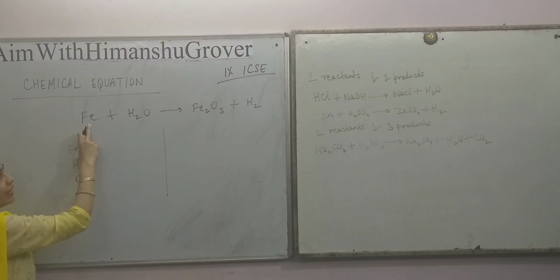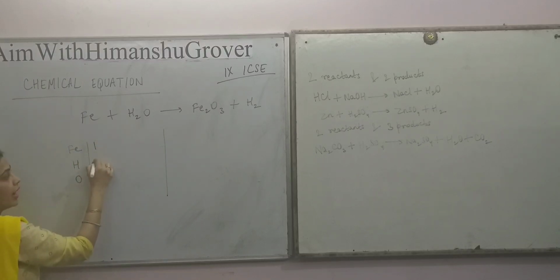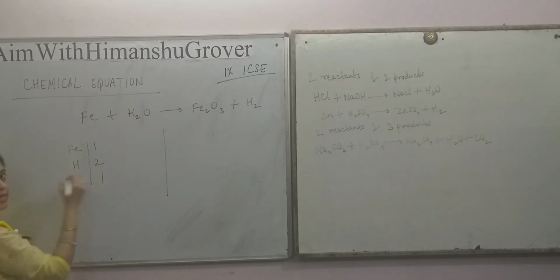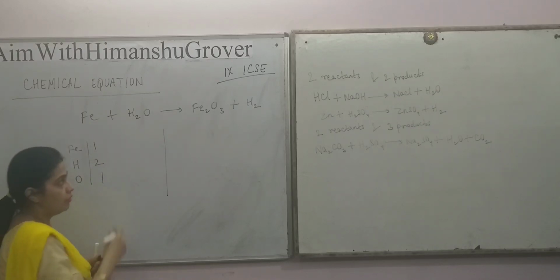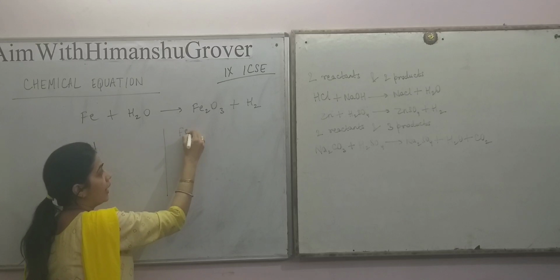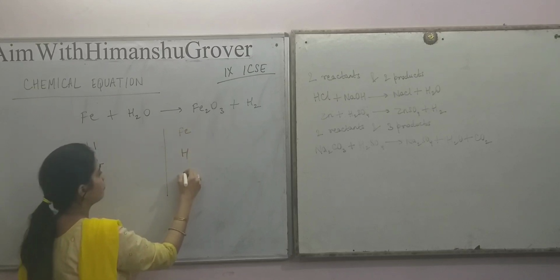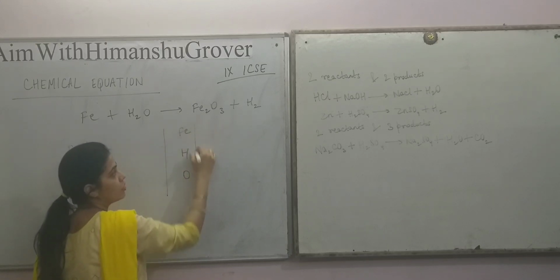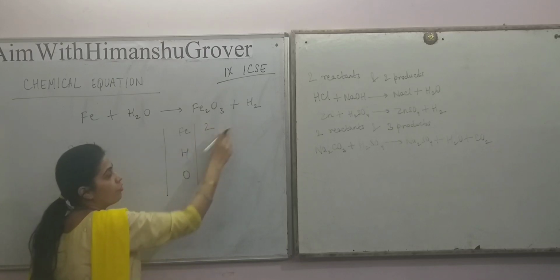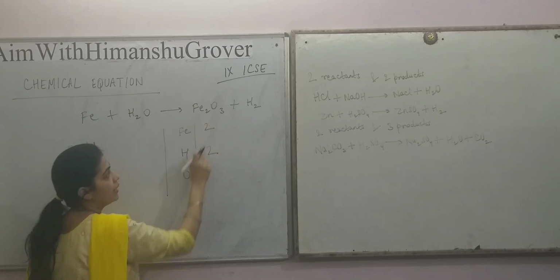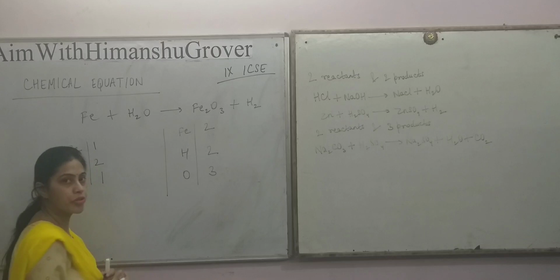The number of iron atoms on the reactant side is 1, hydrogen atoms is 2 and oxygen atoms is also 1. On the product side, the number of iron atoms is 2, hydrogen atoms is 2 and oxygen atoms is 3.